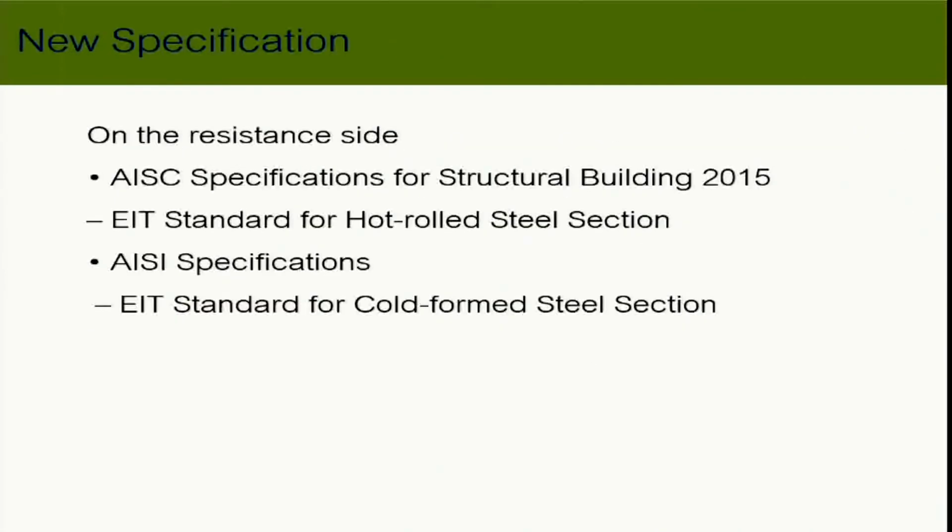on the new specification, which I think I already mentioned, we have the AISC, the latest version, and then we have the EIT. But EIT is not up to AISC yet. And ladies and gentlemen, as I always underline, we use this to predict the strength of our structure.